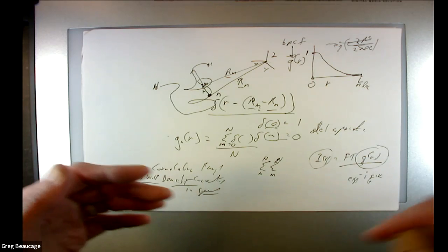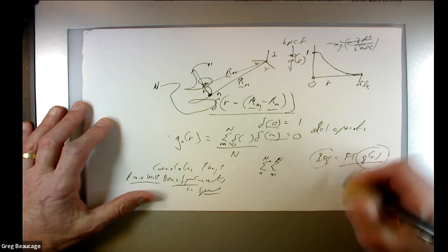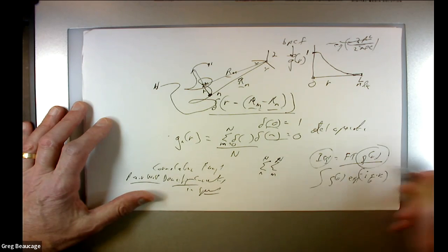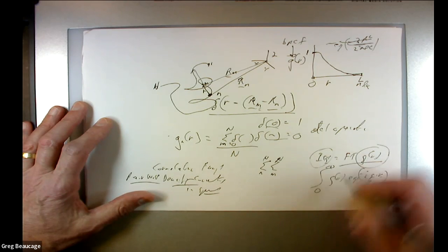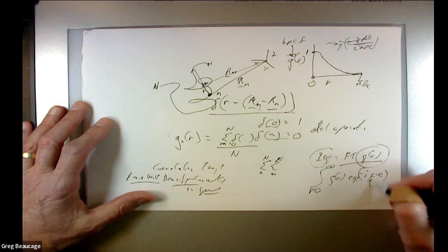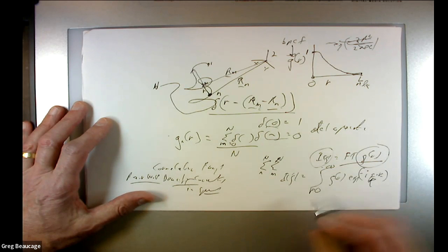And r is the real space vector, times this g of r function. Integrate that for r from 0 to infinity for a fixed value of q, and you get the I of q out of that.